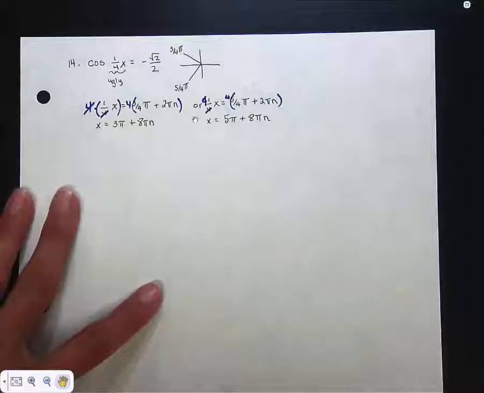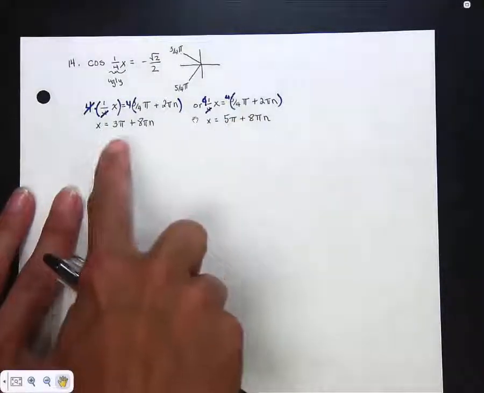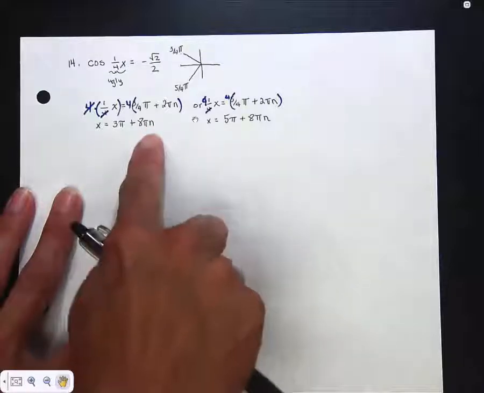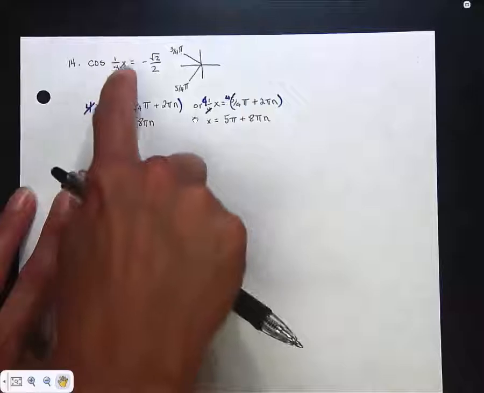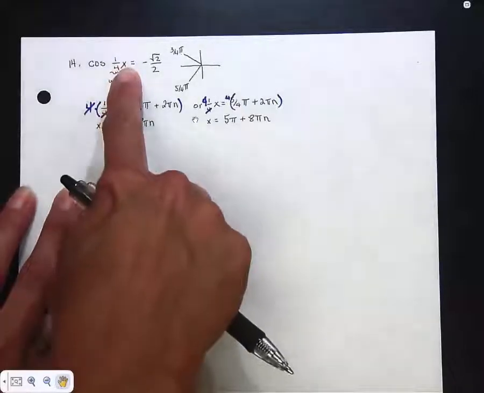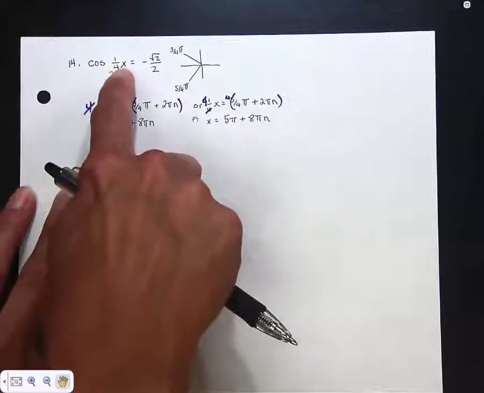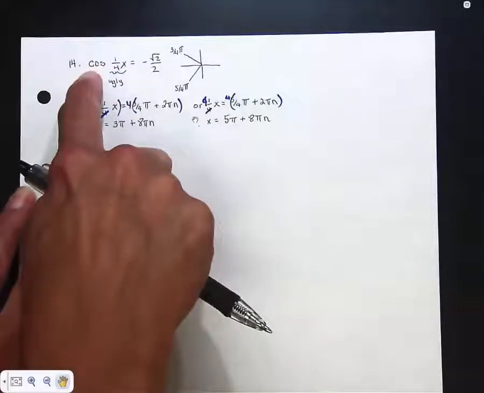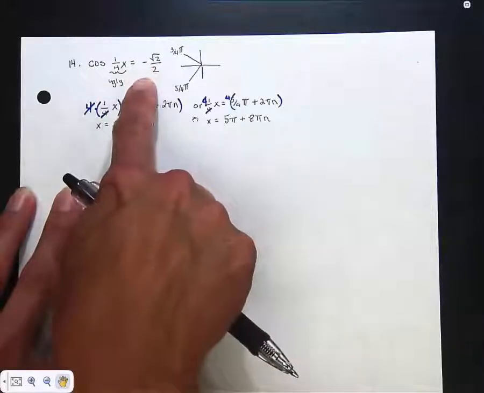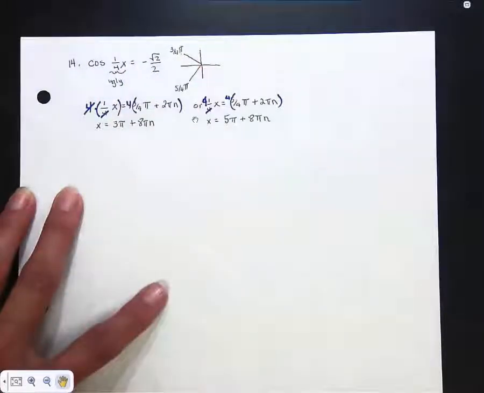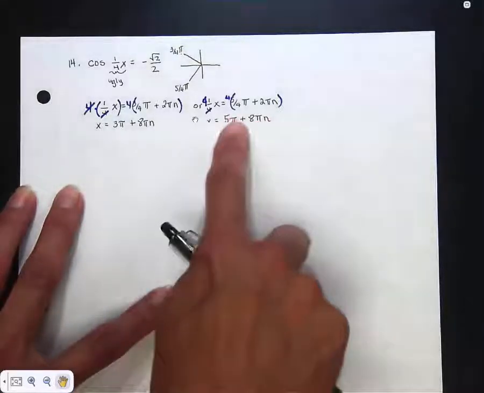And these solutions are checkable. You can let n be 0 here, and you just have x is 3 pi. If you put 3 pi in the place of x, you'd have cosine of 1/4 times 3 pi, or cosine of 3/4 pi is negative square root of 2/2. Well, certainly that's true. If we let n be 0 here, we'd have 5 pi.